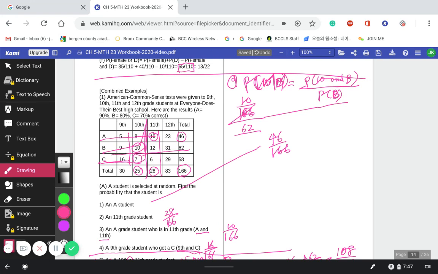Your final answer becomes 10 out of 62, because you have a 10 left here and 62 left there. So that's the probability of 10th given B. So contrary to all the other questions, whenever there is a "given", yes, you're supposed to memorize this formula. Then you are able to do the questions.